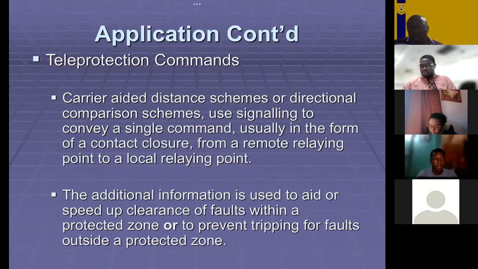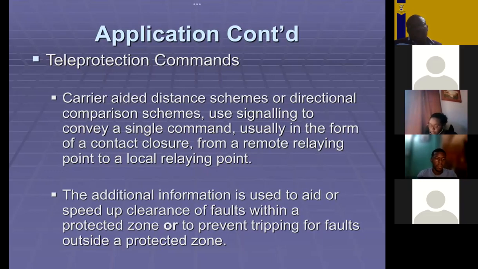We also know that in continuing with teleprotection, the additional information that we get is used to support or speed up clearance of faults within a zone, or prevent tripping for faults outside a protected zone.